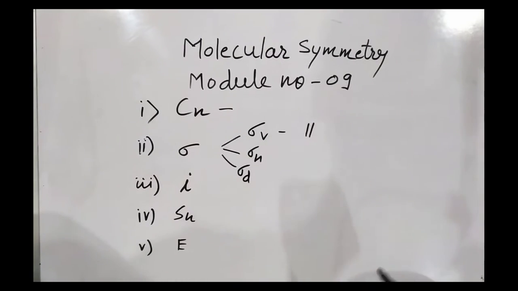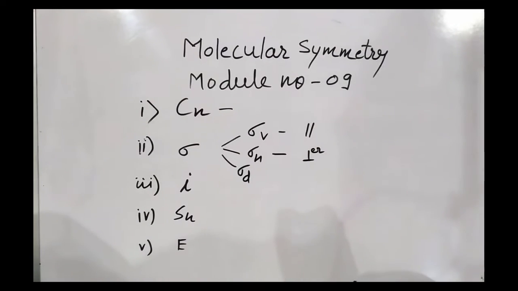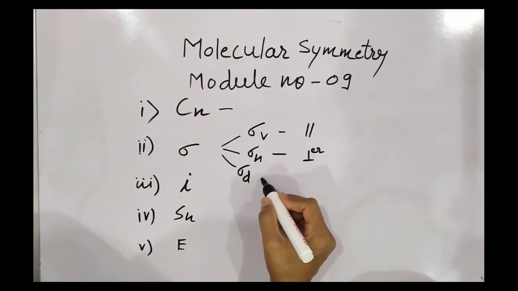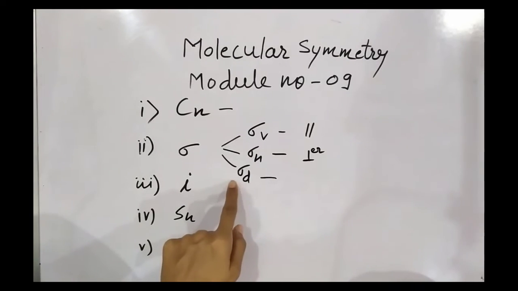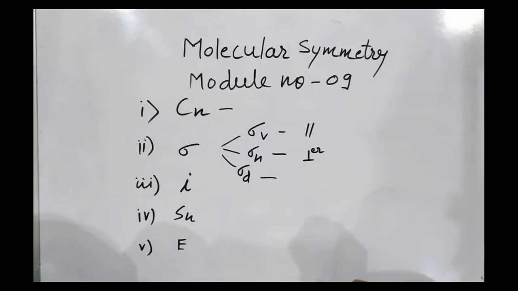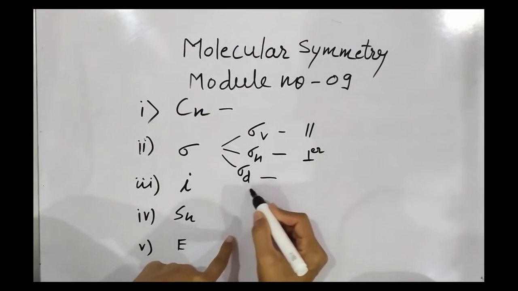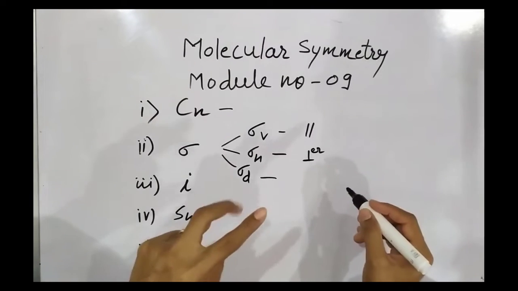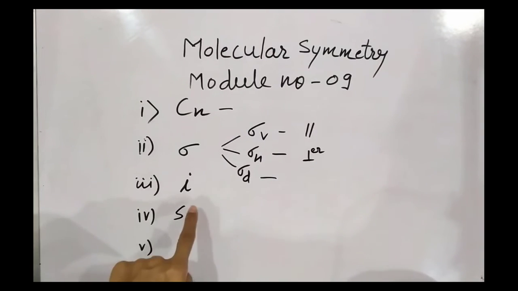Sigma v is parallel to the principal axis, sigma h is perpendicular to the principal axis, and sigma d, that is the dihedral mirror plane, is the plane that bisects 2 perpendicular C2 axes. Then we have seen the inversion center. In the inversion center, we get 2 same atoms at equal distance and in opposite direction from the center of that molecule.